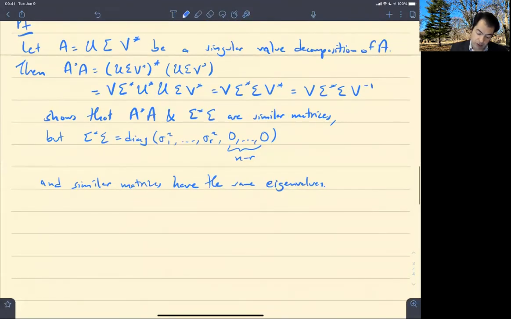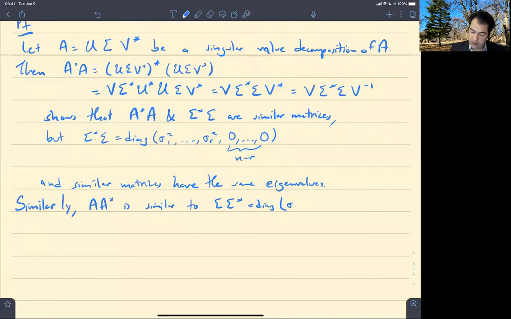Similarly, if you were to do A A star, this is similar to sigma sigma star, which is also a diagonal matrix.